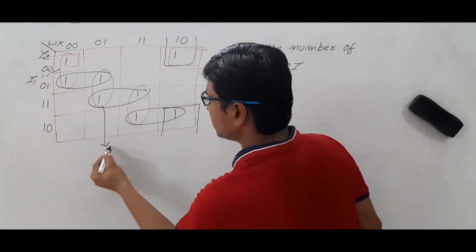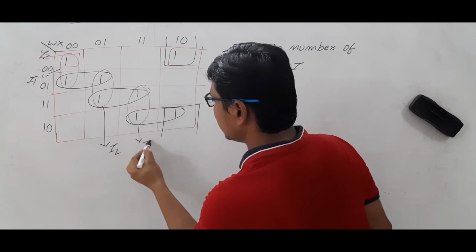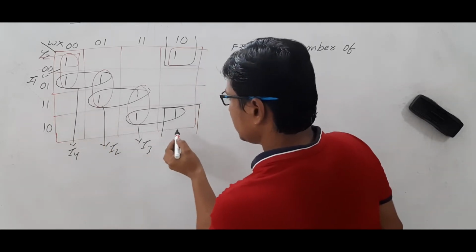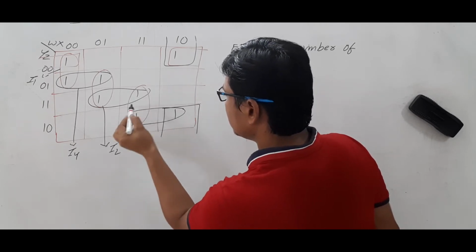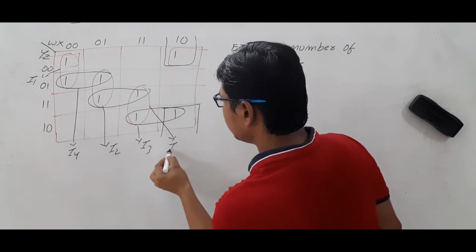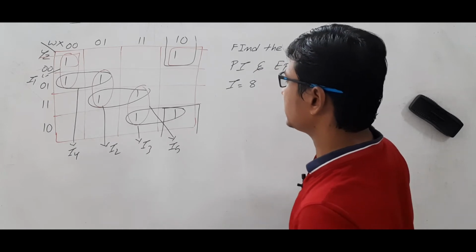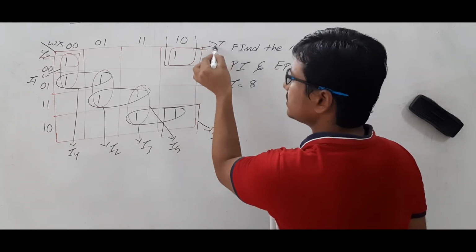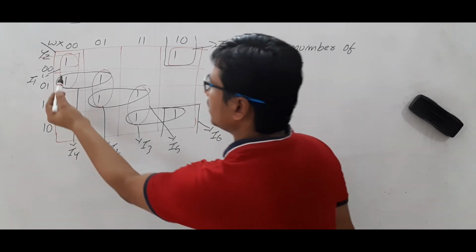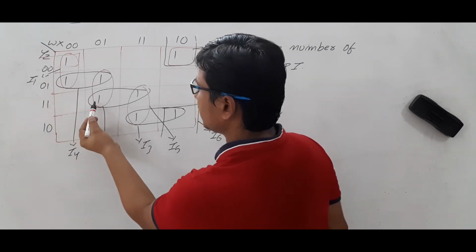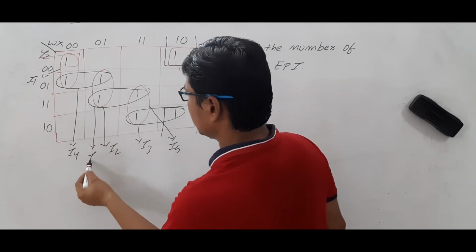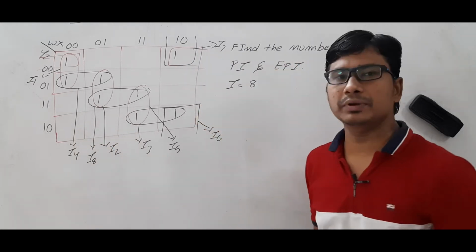This is my I2, this is my I3, this is I4, this one is I5. Are you able to understand? This is I6, this is I7, and this one I can call I8. Totally 8 implicants are there.